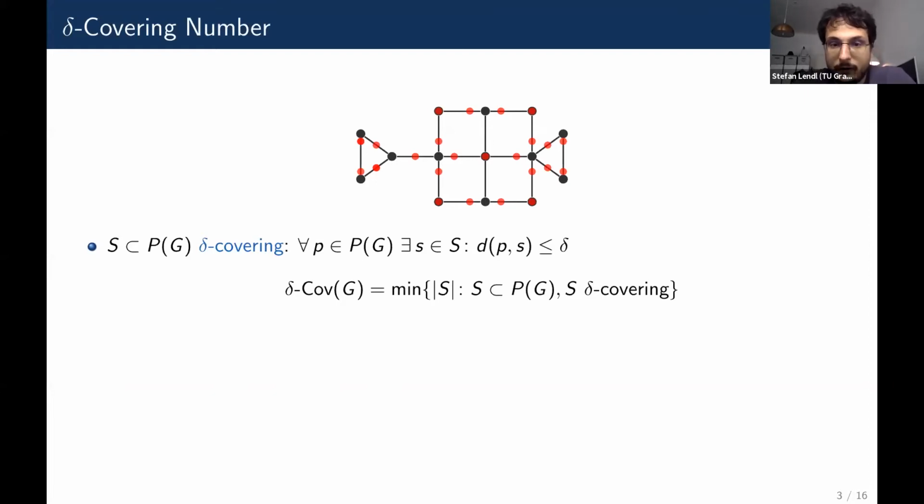So somehow we want a facility to be close enough for every point in the graph. The delta covering number of the graph is defined as the cardinality of the smallest delta covering set. So we want to select as few facilities as possible that cover basically the whole graph.